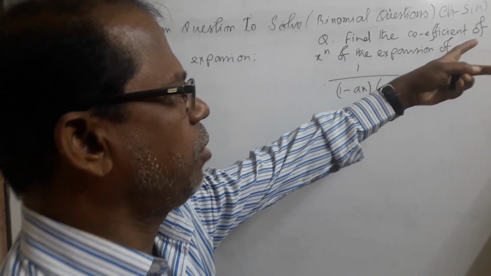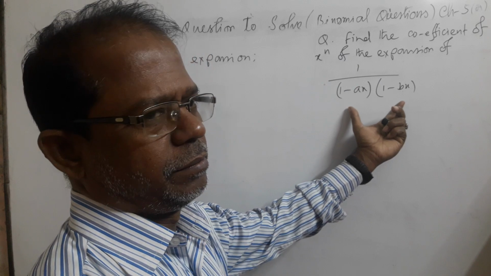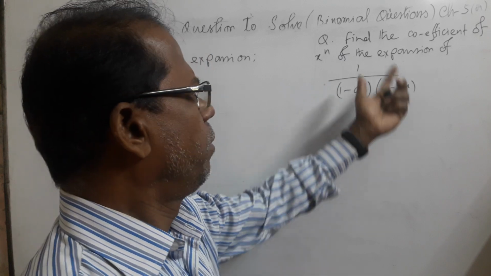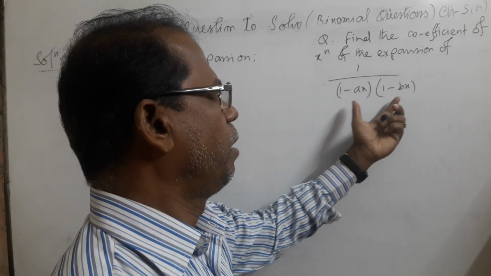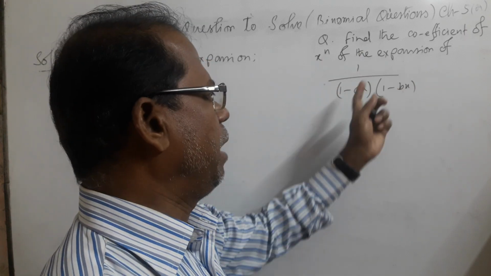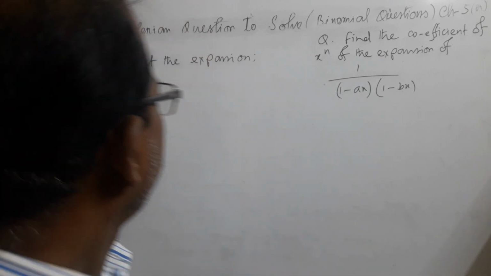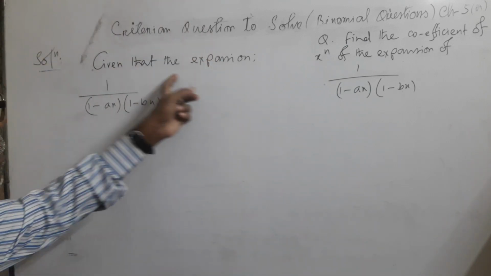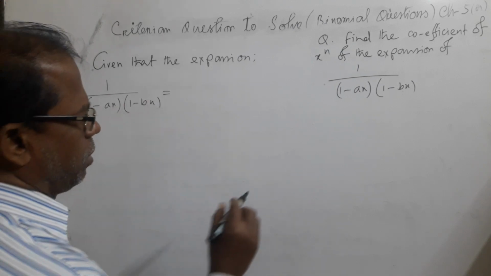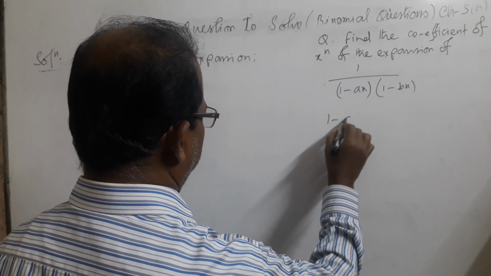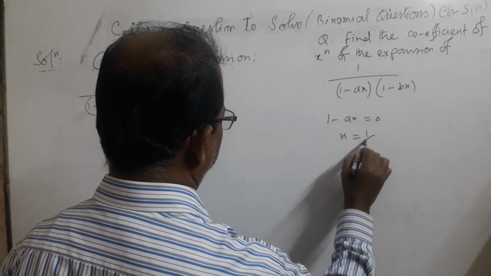Find the coefficient of x to the power n of the expansion of the function 1 by 1 minus ax into 1 minus bx. Firstly, given the function, write 1 minus ax equal to 0, then x equal to 1 by a.